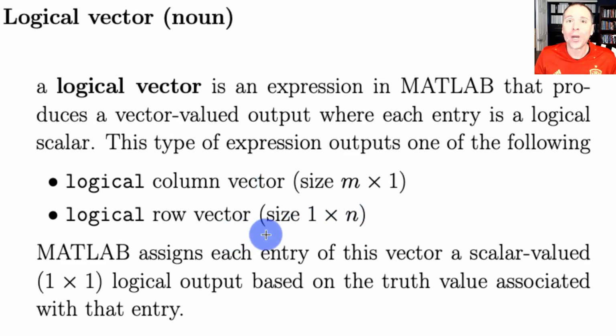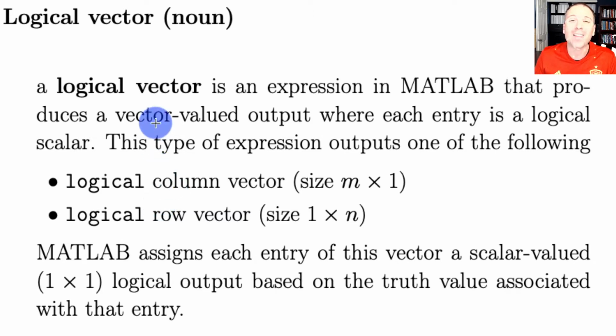In either situation, whether we're looking at a logical column vector or a logical row vector, each individual entry of such vectors is stored as a logical scalar. Remember, that means that MATLAB assigns the individual entry values to be a 1 by 1 logical output, where the individual entry values are either stored as logical 1, representing a truth value of true, or logical 0, representing a truth value of false.